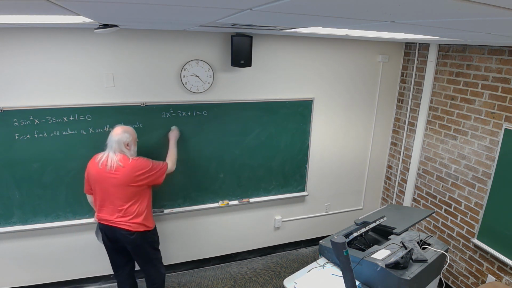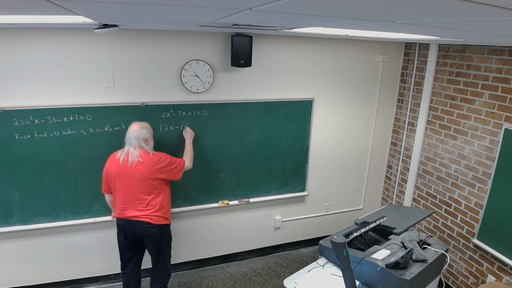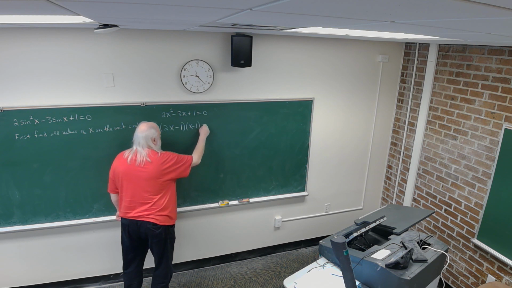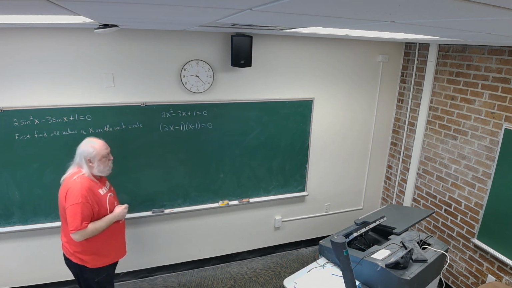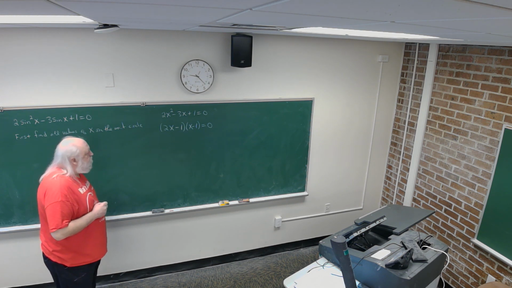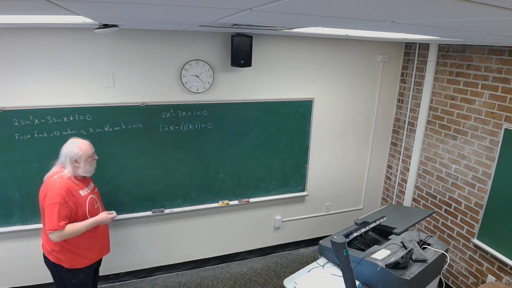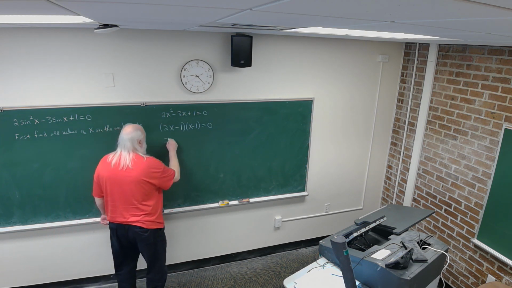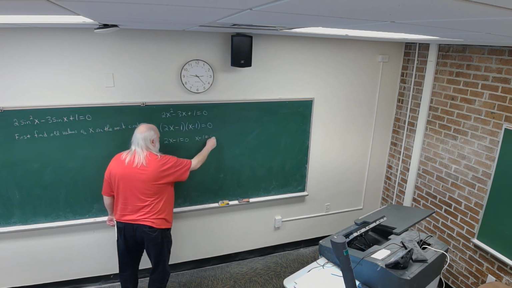So when you factor the left-hand side, you have 2x minus 1 times x minus 1 is equal to 0. And then we set 2x minus 1 equal to 0, and x minus 1 equal to 0.